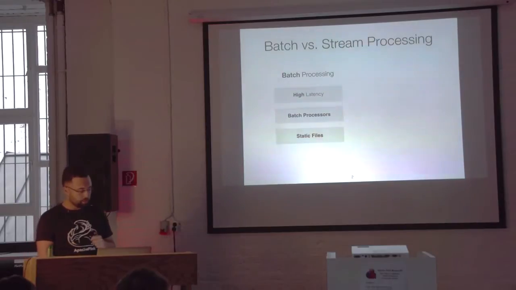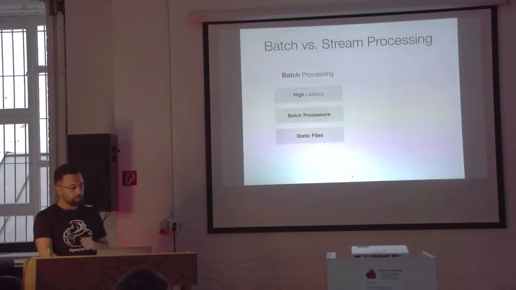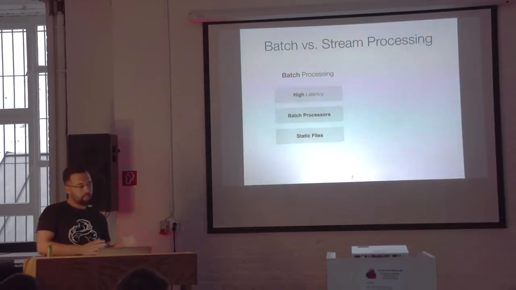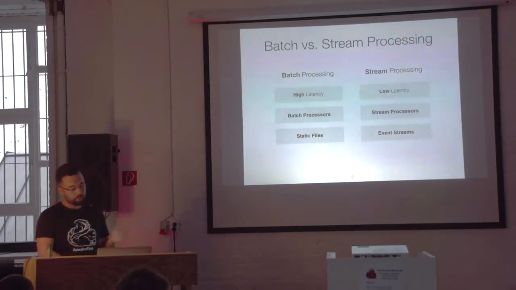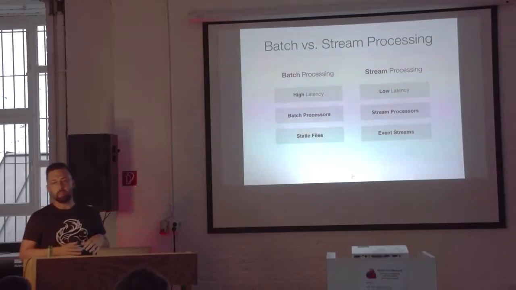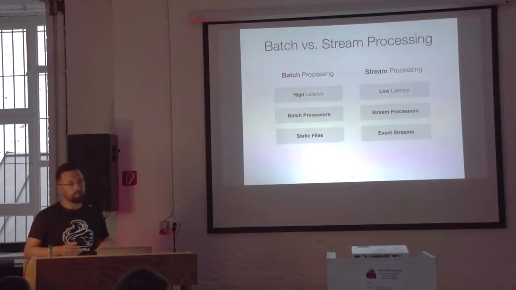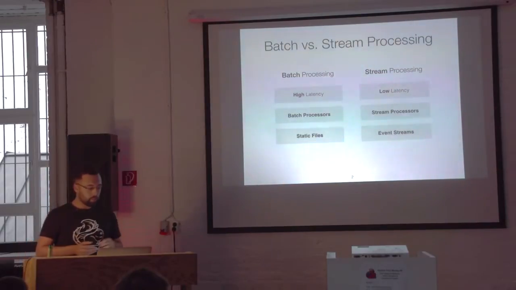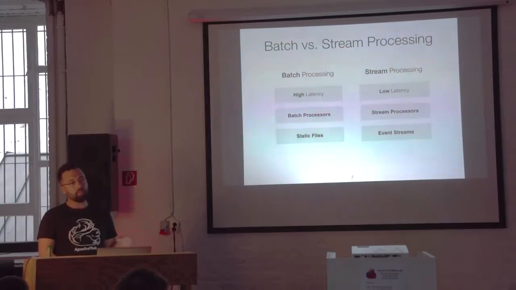It usually works on static files, which is one of the reasons you get this high latency. But what's happening recently is that people are kind of transitioning away from batch processing systems to stream processing systems. And in contrast to this high latency, which you have with batch processing systems, you try to reduce this latency and work with infinite event streams.